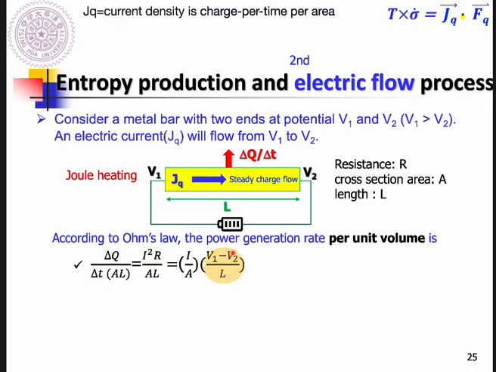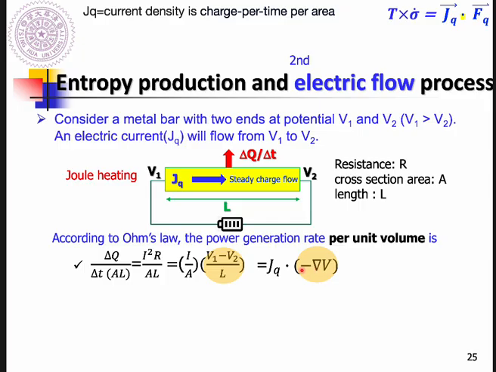So here I have a current density, and then the second would be the electrical potential divided by length, a gradient. And also V1 minus V2, but the current goes this way. So usually the gradient will be V2 minus V1, so I need to have a negative term here.